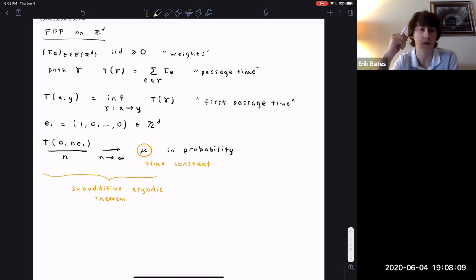If you had a method for determining an explicit formula for the constant, then probably that method would be useful in all these other sorts of questions that I'll mention below, and many more in the first passage model that I won't talk about. But yes, this is a great question. At present, we have no way of determining mu for any fixed distribution.